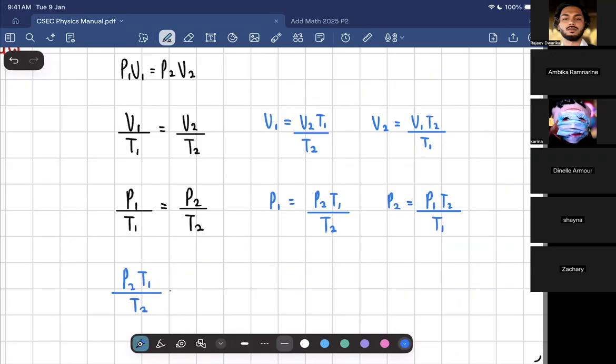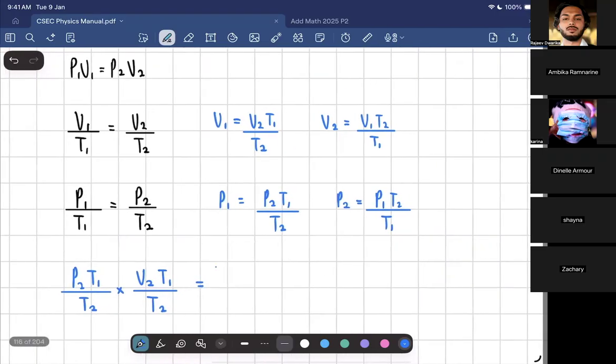And V1 is V2 T1 all over T2. That's going to be equal to P2 multiplied by V2. And we know that V2 is V1 T2 all over T1.